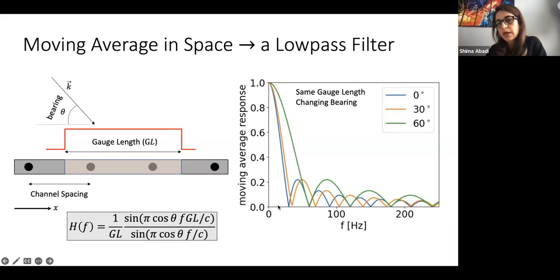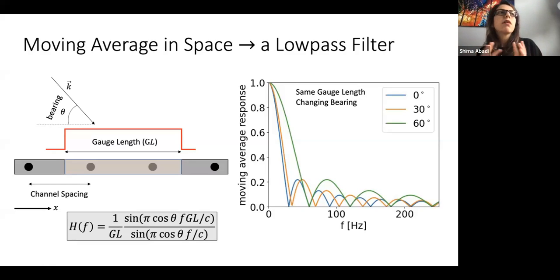But for shipping sound, it's broadband, and the main energy, if you look at some data points, is between 30 and 70 hertz. So it's in the higher frequency region, where the amplitude is suppressed because of the effect of gauge length. And that's why the detection range decreases.